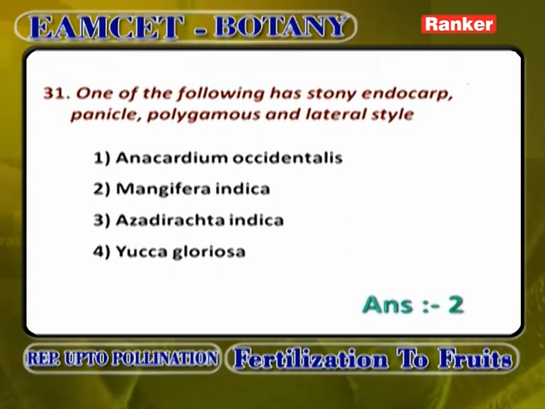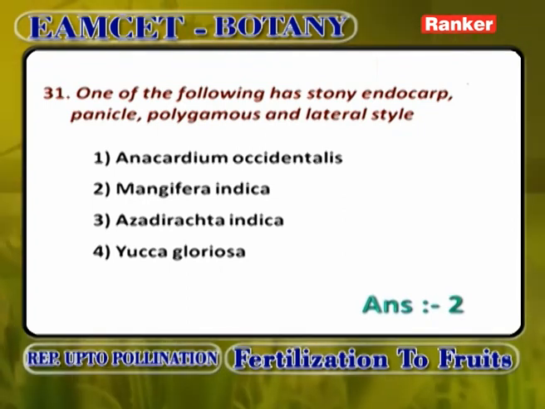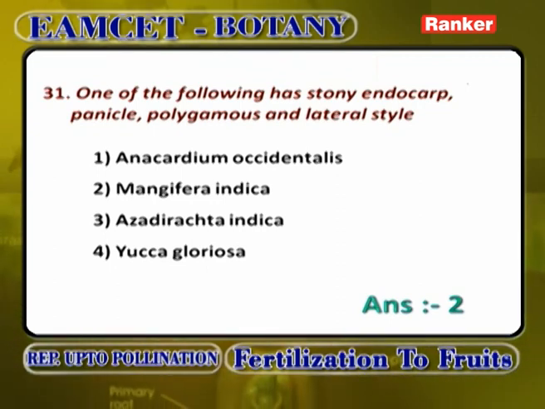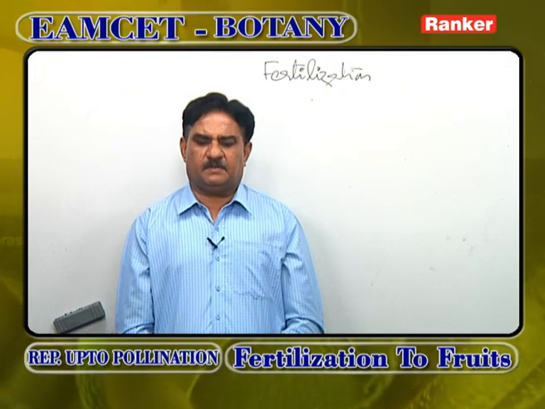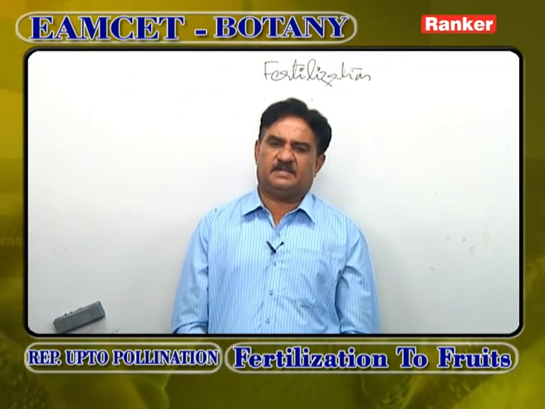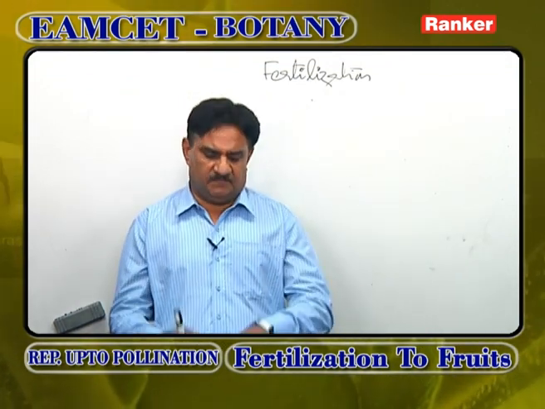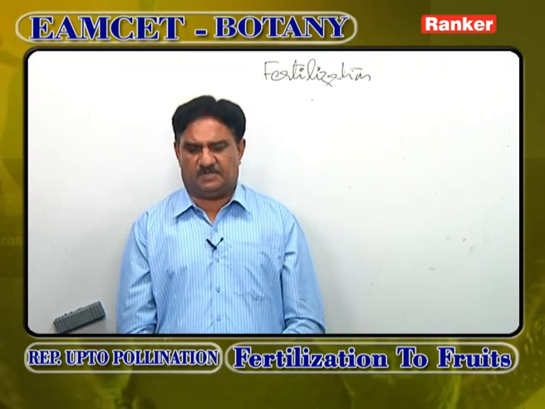One of the following has stony endocarp, panicle, polygamous flowers and lateral styles. The answer for this is Mangifera indica, because in Mangifera indica the inflorescence is a compound raceme or panicle. On this panicle, you will find polygamous flowers. What is the polygamous condition? Separate male flowers, separate female flowers, and bisexual flowers.